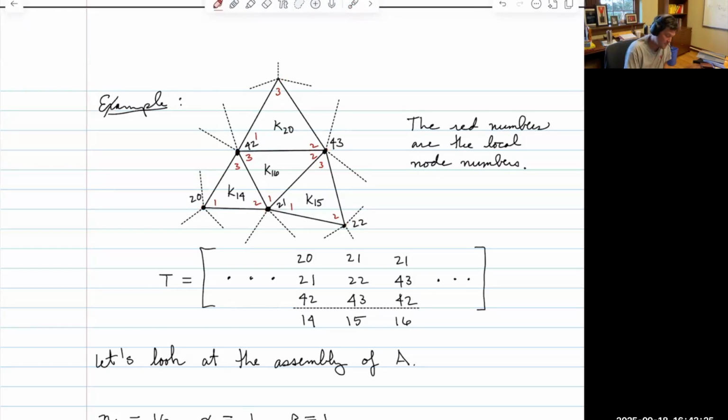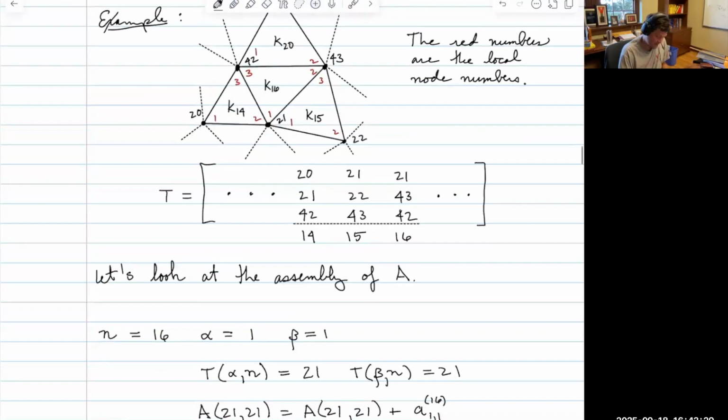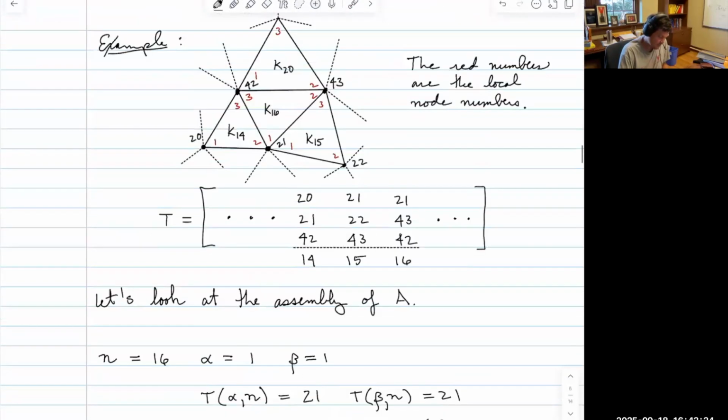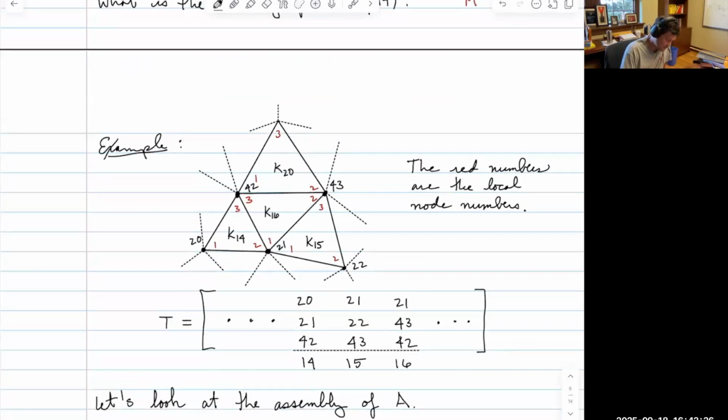Well, let's put a number on that. I think I numbered it later on, for the quadratic case. Let's call this one 71. We'll just suppose that that's node number 71 for the vertices. So this one is piecewise linear again. What does piecewise linear mean? It means R is 1. We're using piecewise linear polynomials.